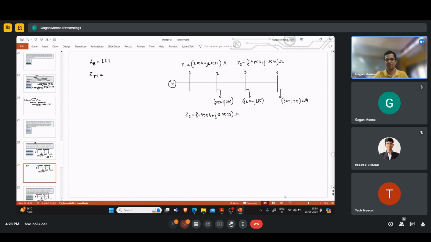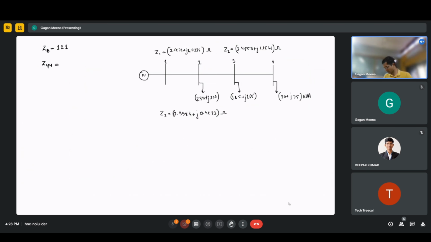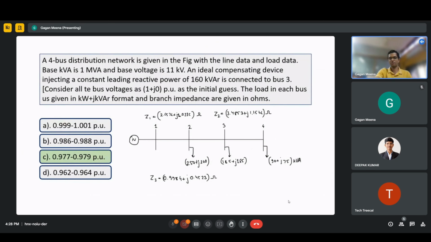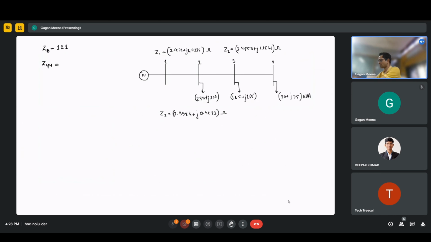So let us calculate. What will be Z1 per unit? Divided by 121, it will be 0.0219.